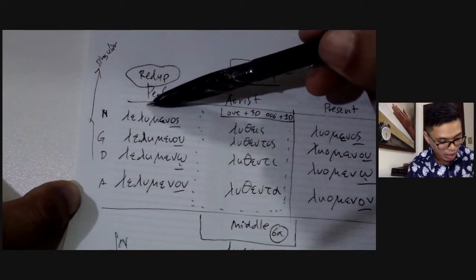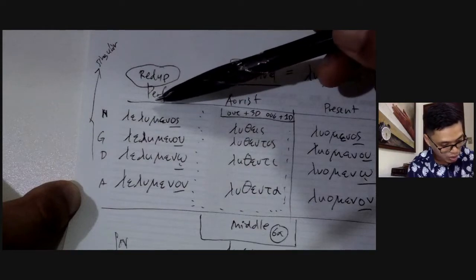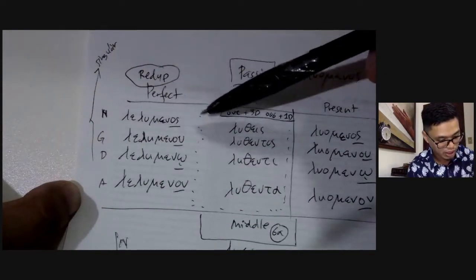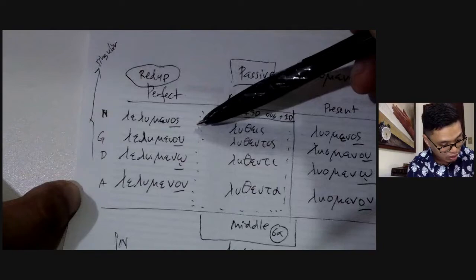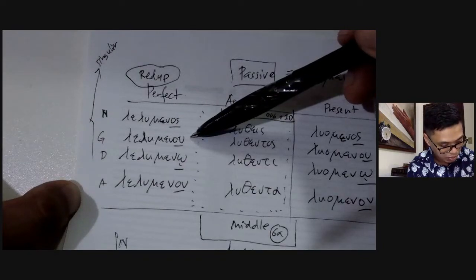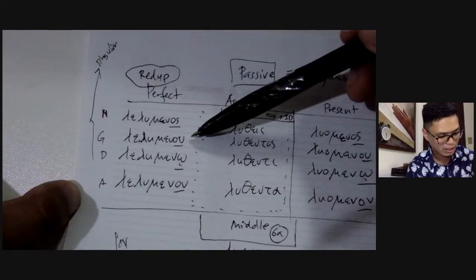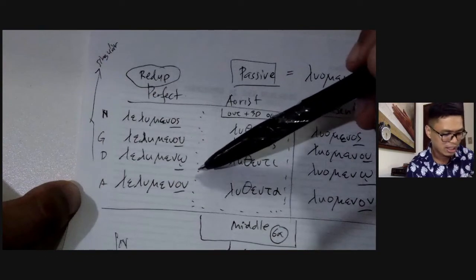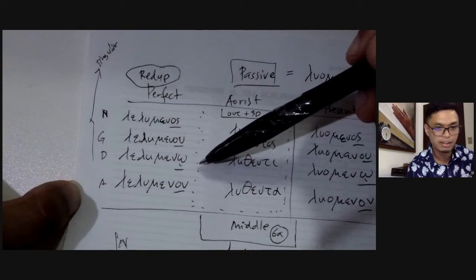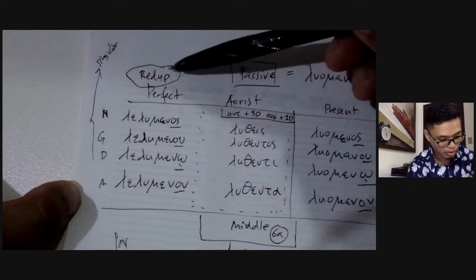So same. Instead of luomenos, you have lelumenos. Instead of luomenou, you have lelumenou. Instead of luomenō, you have lelumenō. See? So easy. Lelumenon. Very, very easy. You just look for reduplication.